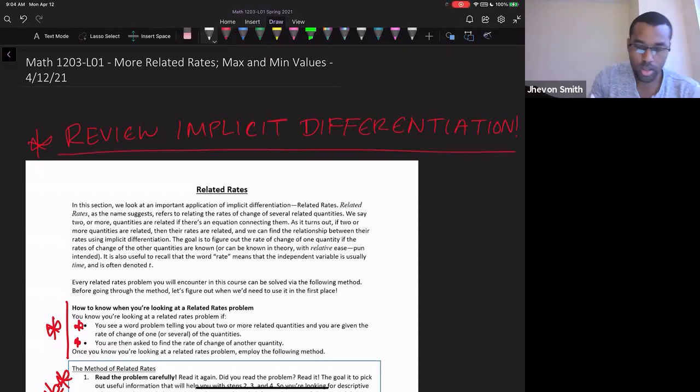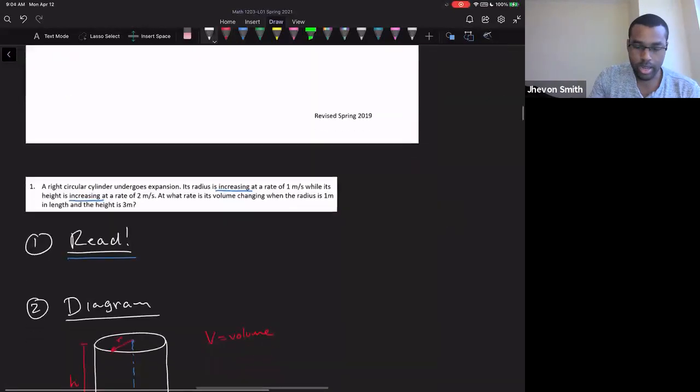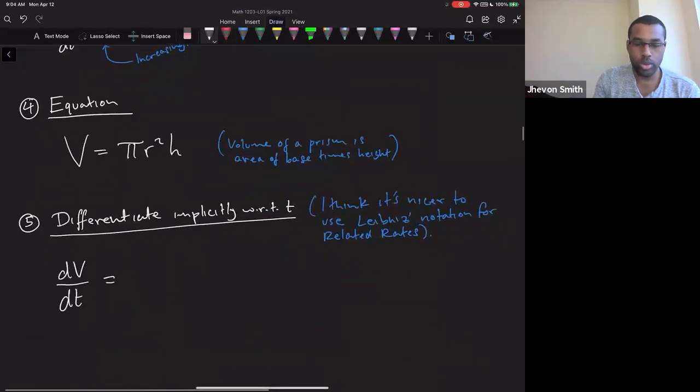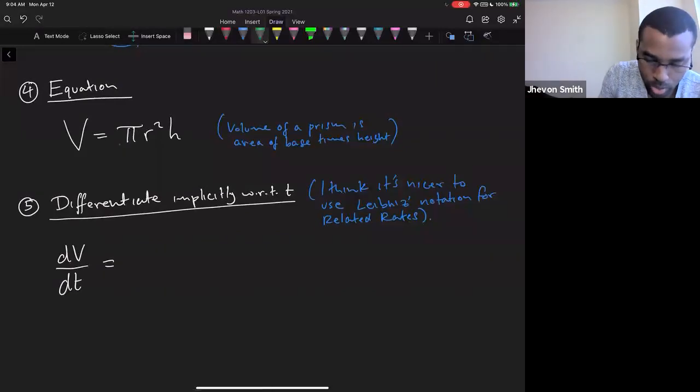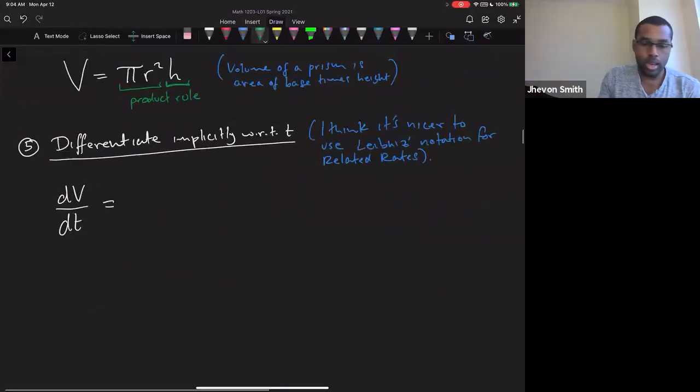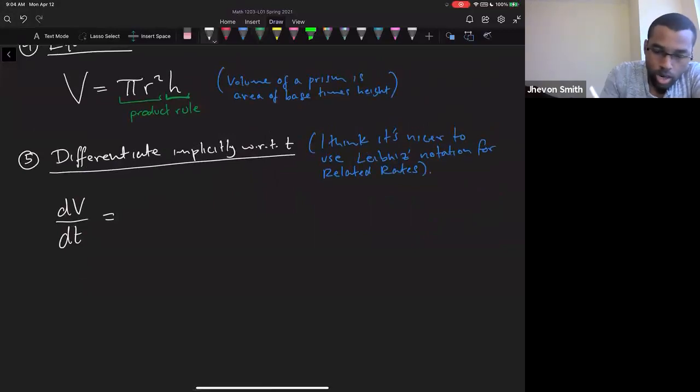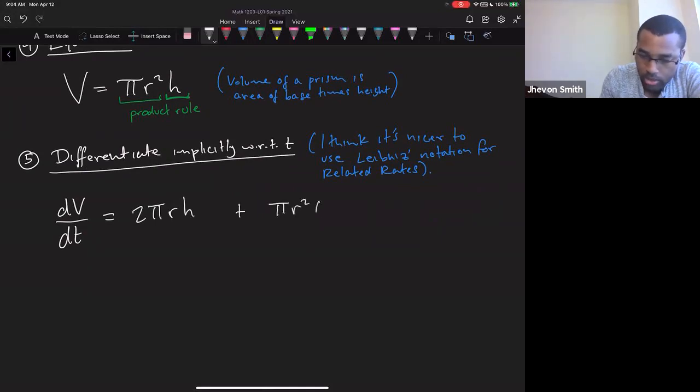Okay. All right. So what we would do here is notice that there are two functions of t, so we would use the product rule. I'm going to differentiate one, leave the other, plus leave the first, differentiate the second. There is something missing.